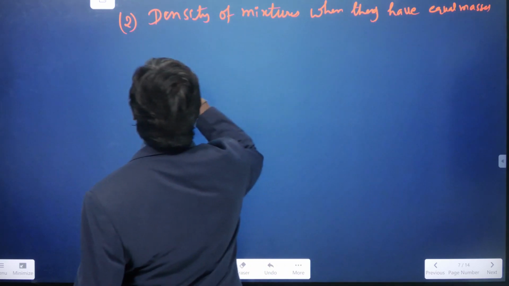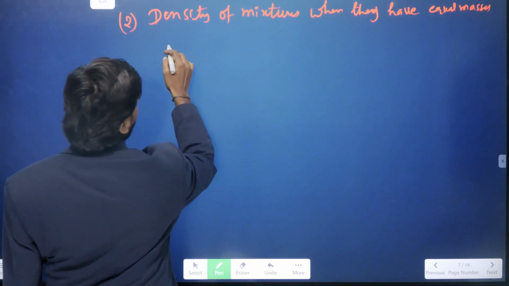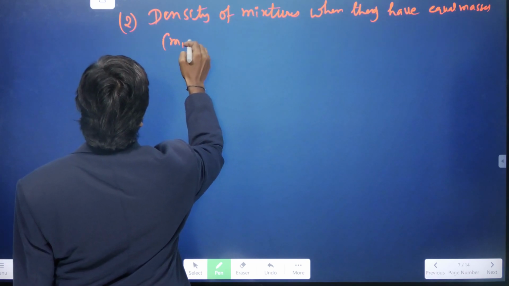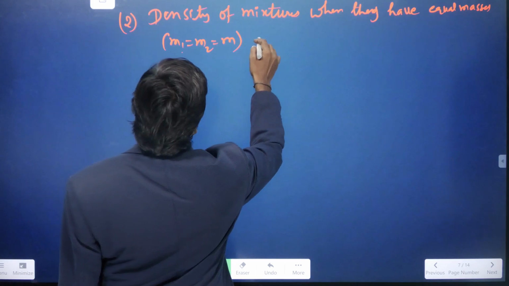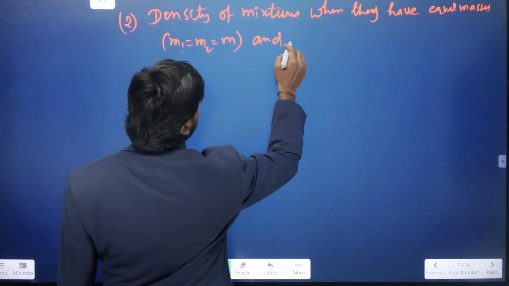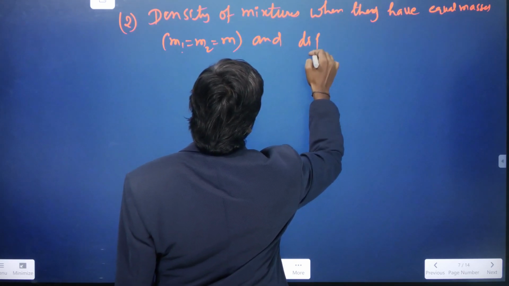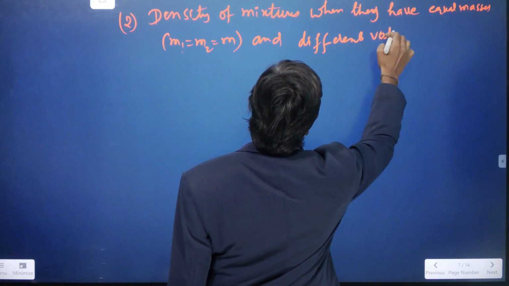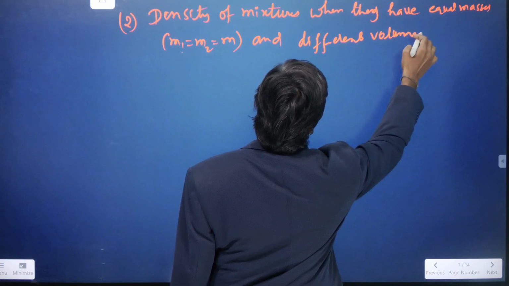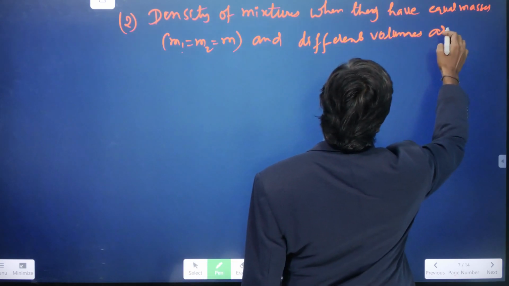and different volumes. Equal masses, that means m1 is equal to m2 is equal to m, and different volumes are mixed.